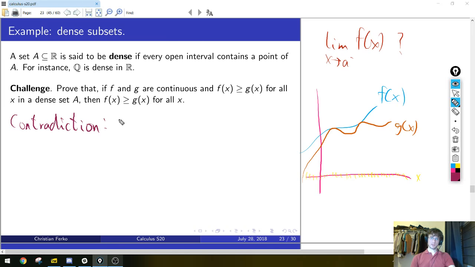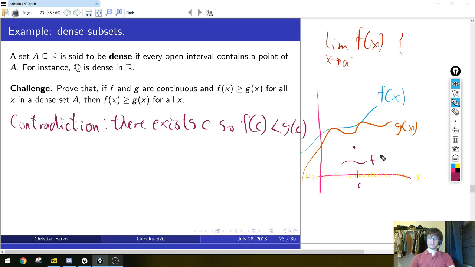So by contradiction, there exists at least one c, so f of c is less than g of c. That's how you negate a for all. The way I've drawn it here won't make sense, but at that c, f of c is smaller than g of c.